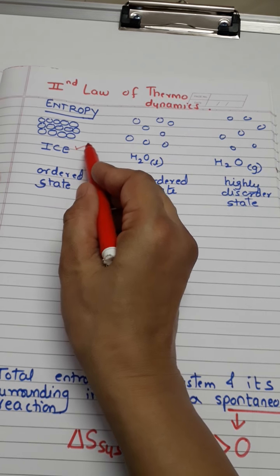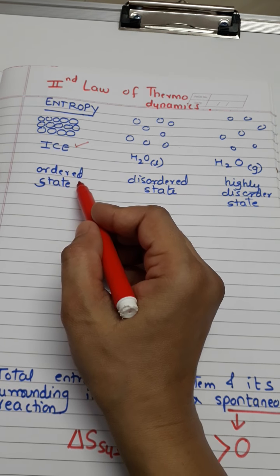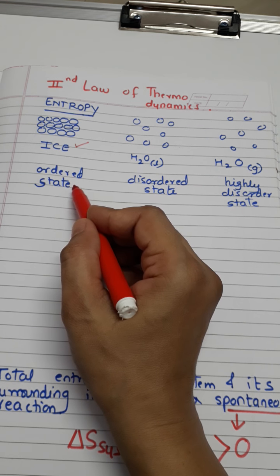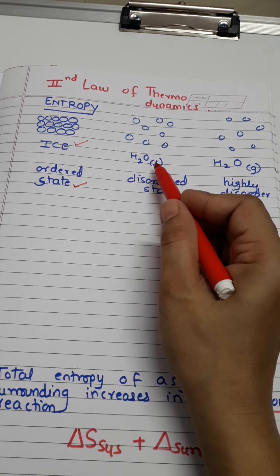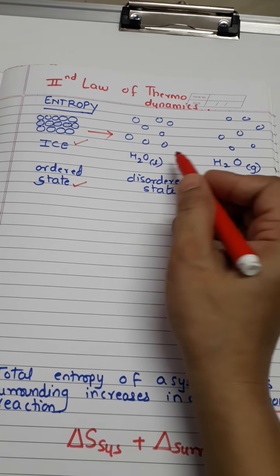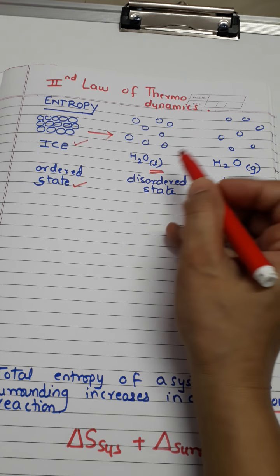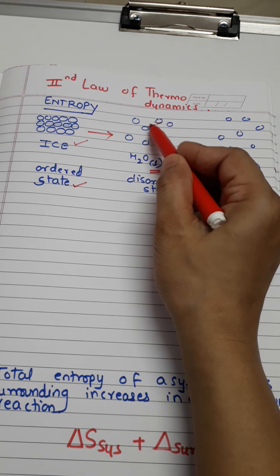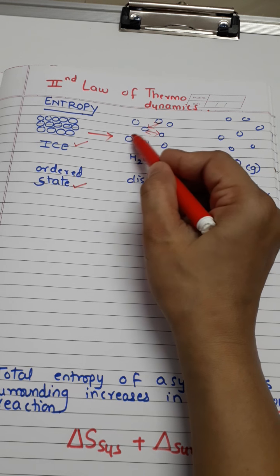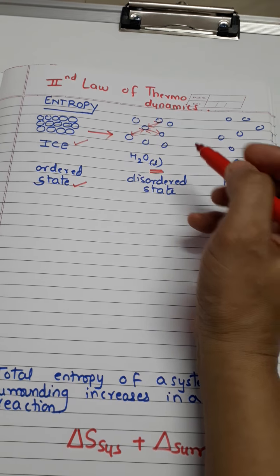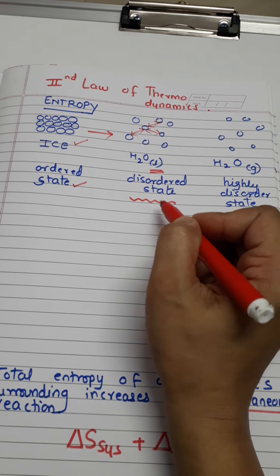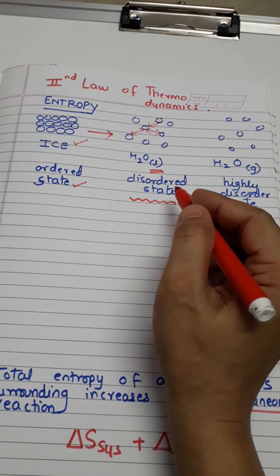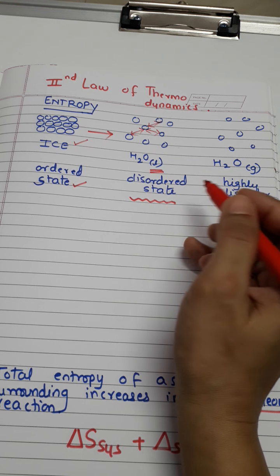In case of ice, the molecules exist in a properly ordered state, whereas when we convert this ice into water in the liquid state, you can see that the distance between the molecules has increased. Now there is disorder in this state, because molecules are moving randomly here and there.